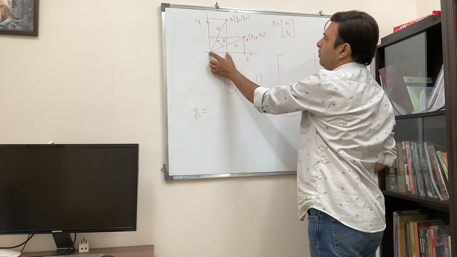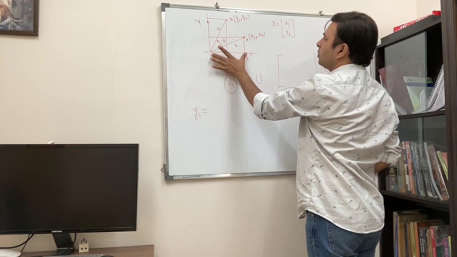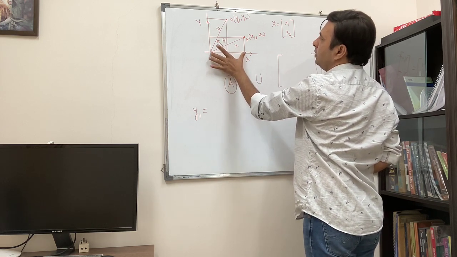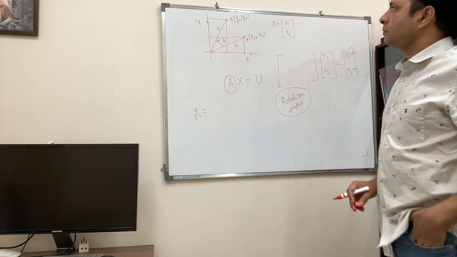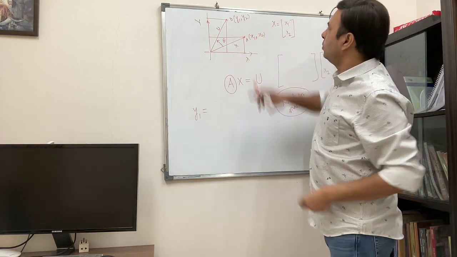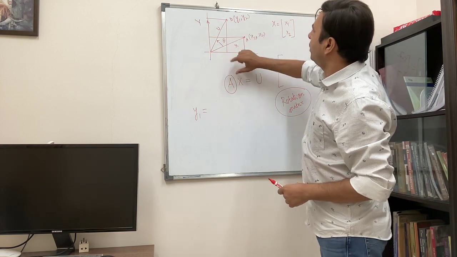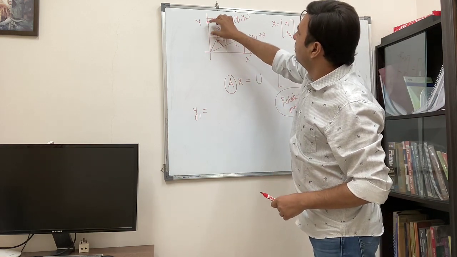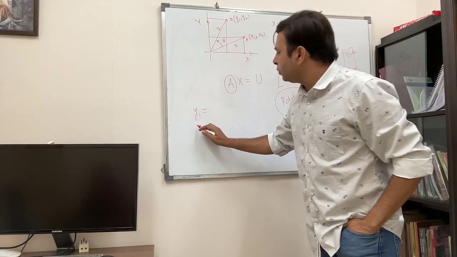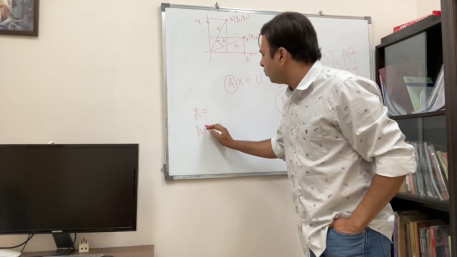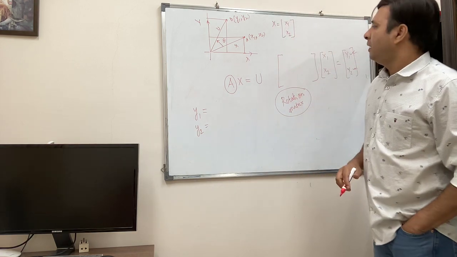So I can say y1 is equal to this original x minus this. Can I say that? Similarly for y2, I can say it is equal to this plus this. So you can always use your geometry to write what y1, y2 would be.